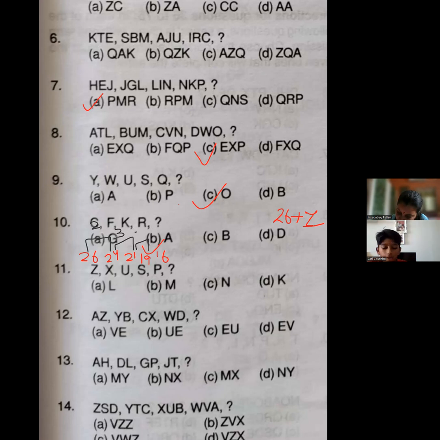First it decreases by 2, and then 3, and then 2 and 3 in the pattern. Yes, correct. It's like 2, then 3, then 2, then again 3. So now the difference will be 2, and it is decreasing every time. So it will be the 14th letter, which is N. Correct. Answer will be N.